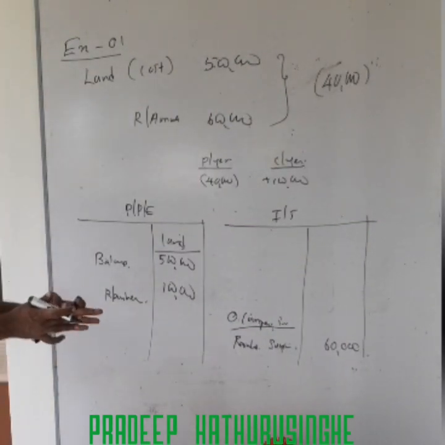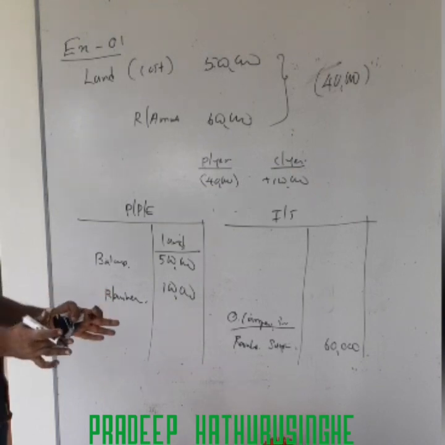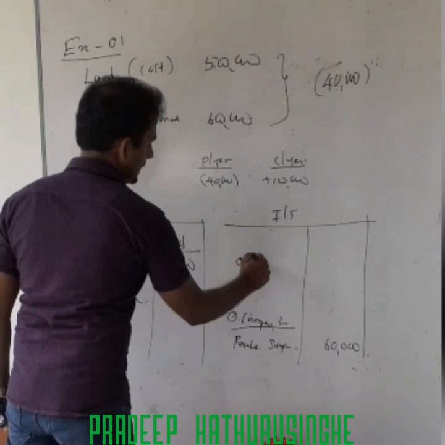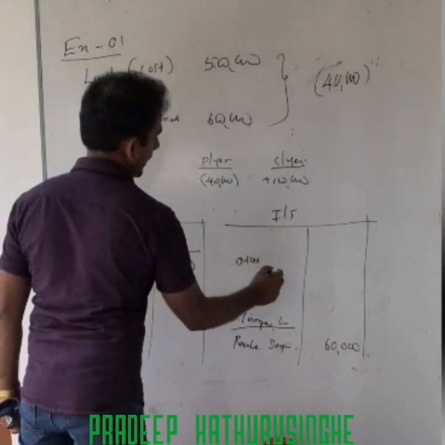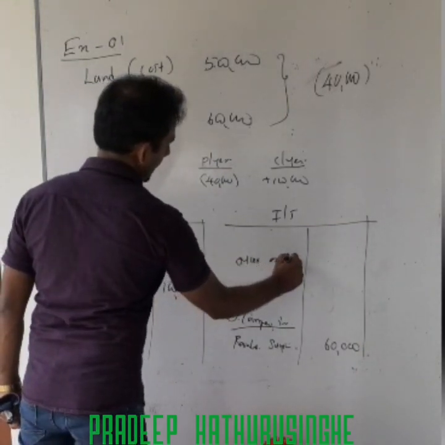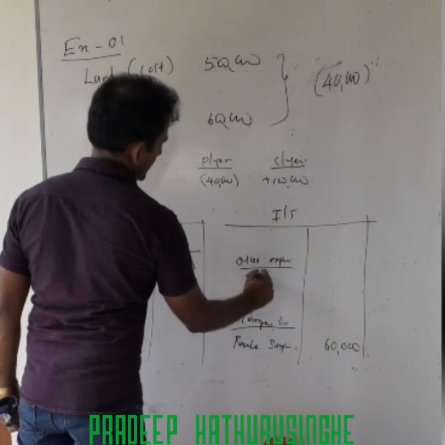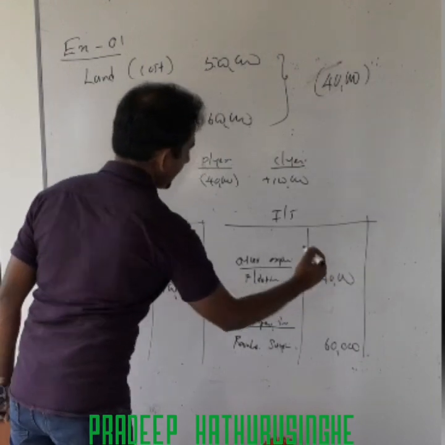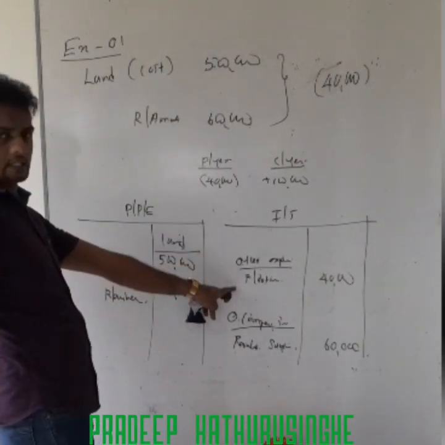Then what happened to the 40,000 coming from the previous year? Think, in the previous year, it is an expense. So it is recorded as other expenses, that is revaluation deficit 40,000. In the previous year, that is recorded like this.